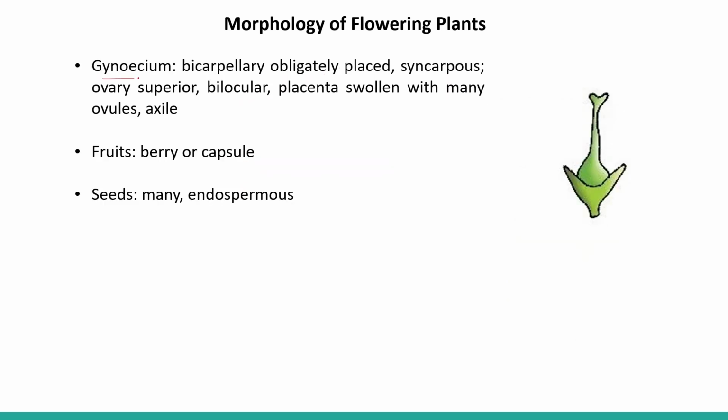Gynoecium. Bicarpellary, obliquely placed, syncarpous. Ovary is superior, bilocular. So two carpels are there and two locules. You can see the two locules. Placenta swollen with many ovules.